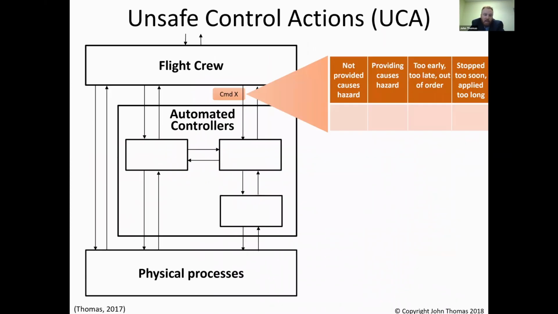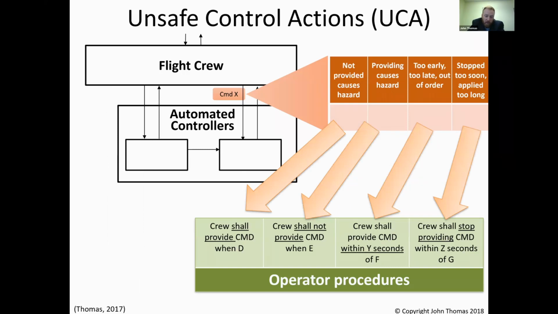Exactly the same process applies to a human. These are the same slides, so I'm just going to go a little quicker, but it's exactly the same thing to look for human interaction scenarios that we're going to have to mitigate or be able to handle in a safe way. So we look for unsafe control actions. Look at those 4 categories of unsafe control from a human. Then we look at what we build, maybe not human requirements because we're not engineering a human, but operator procedures.